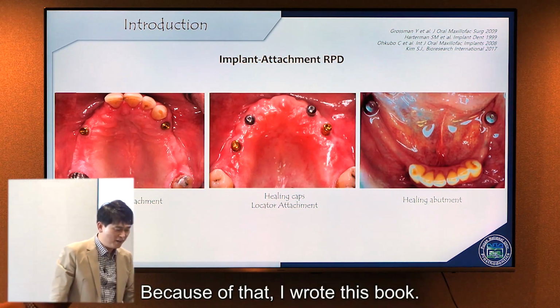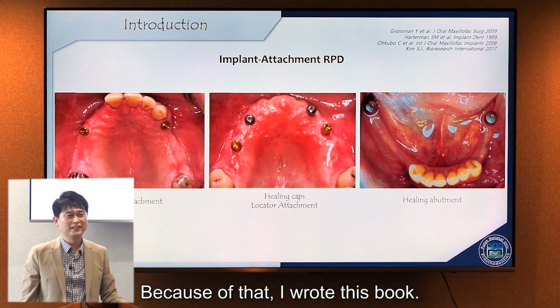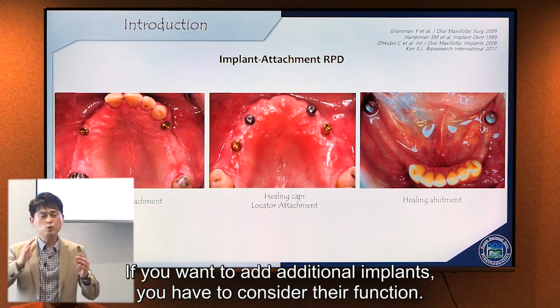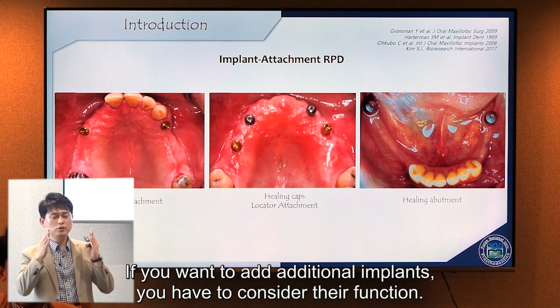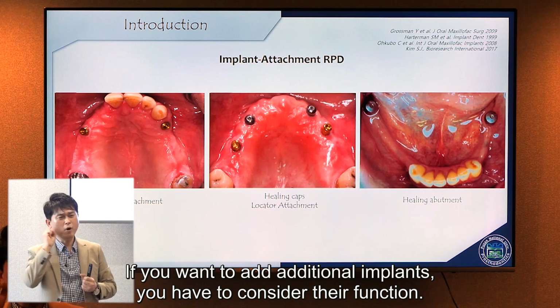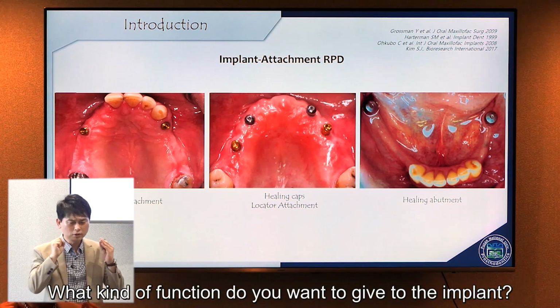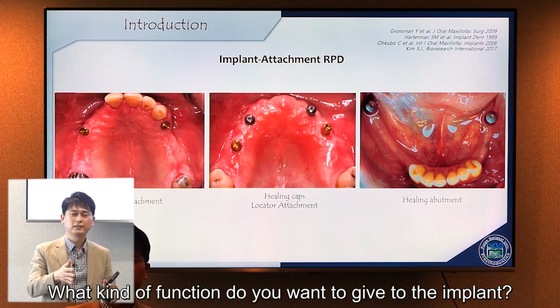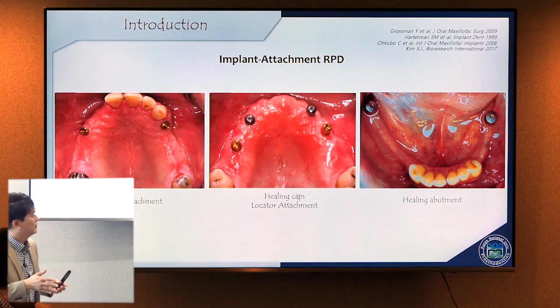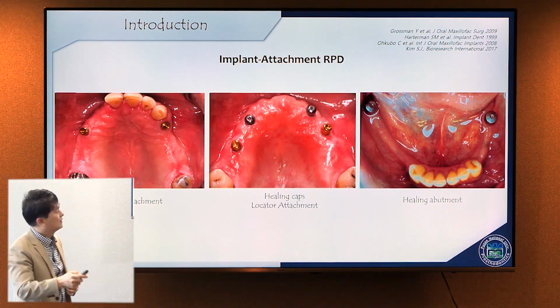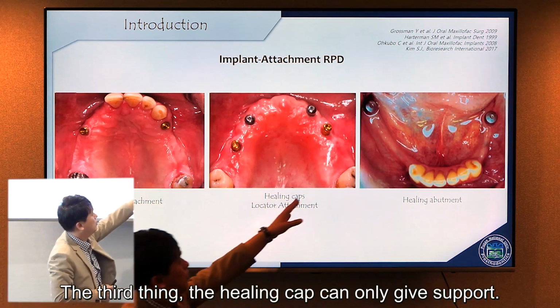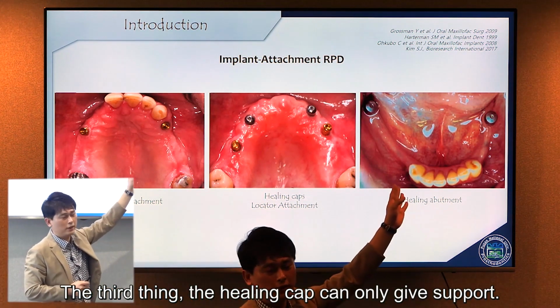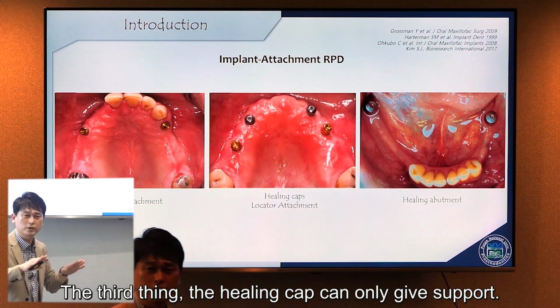Because of that, I wrote this book. If you want to add an additional implant, you have to consider the function. What kind of function do you want to give to the implant? So it's very important. The third thing, the healing cap can give only support, right?